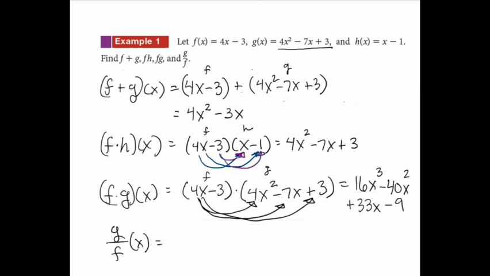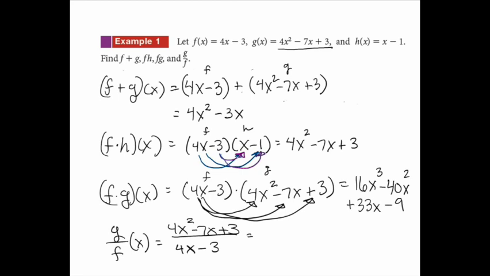For the last one, we're taking g and dividing by f. So we have g, which is 4x squared minus 7x plus 3, and we're going to divide by f, which is 4x minus 3. Now, we can do this by factoring or by using long division with polynomials.